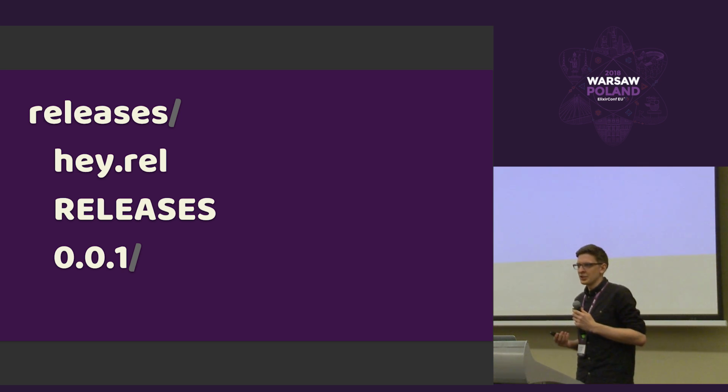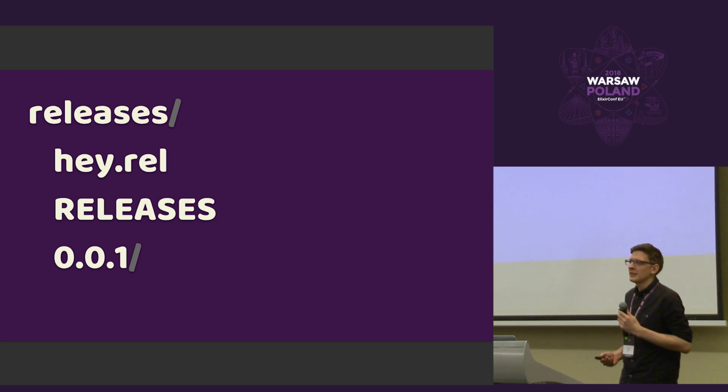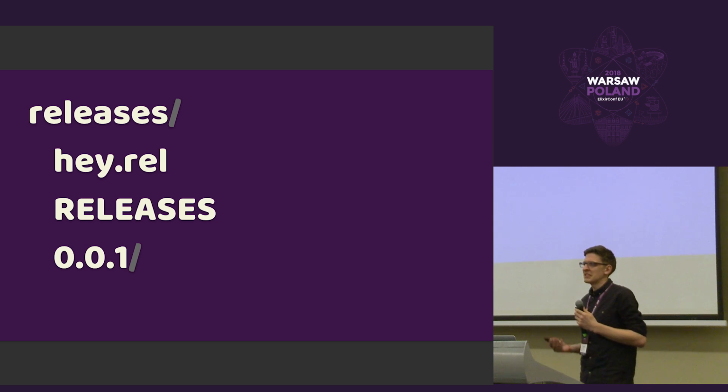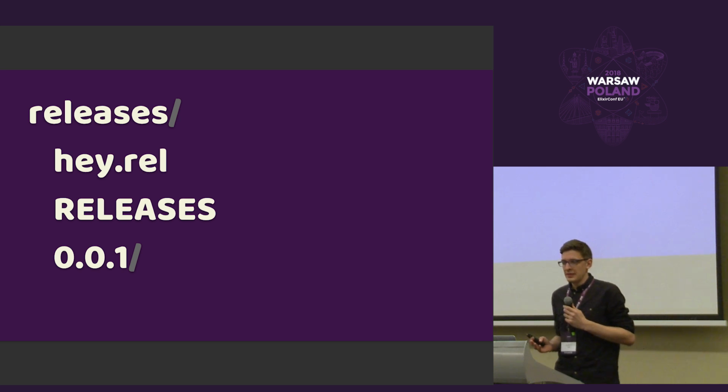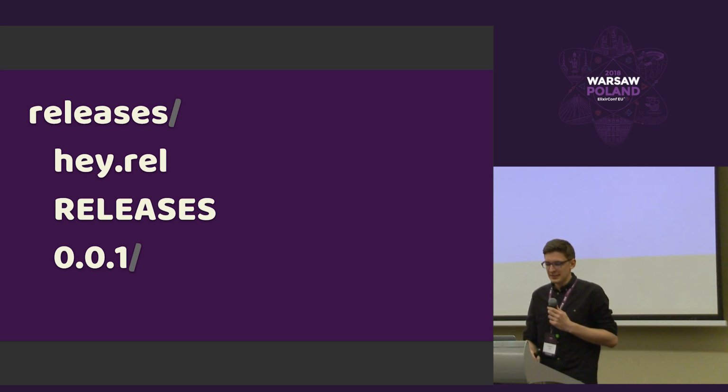That's the example version I'm using here for this. Inside is a bunch of stuff like the vm.args file and the sys.config. Basically just stuff to tell your VM how to start itself and how to start your release. That's it for the initial version of your release.